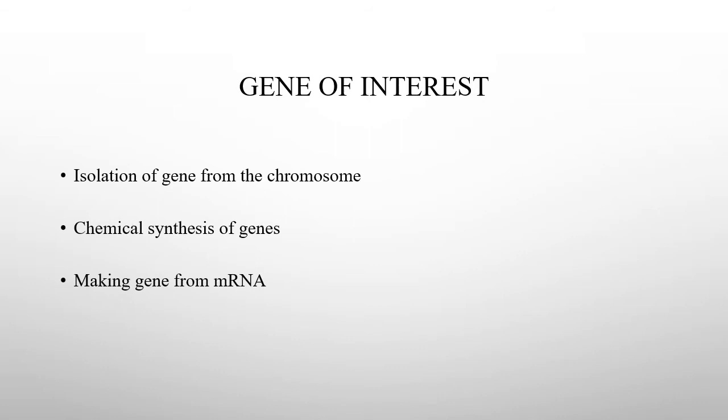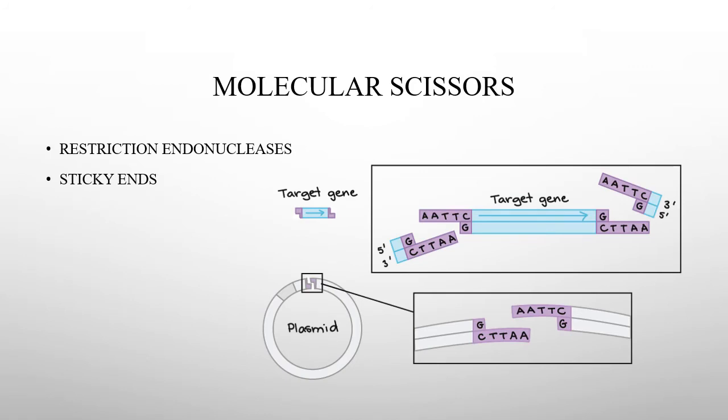The next topic is molecular scissors. I will talk a little about molecular scissors, which are called restriction endonucleases. The restriction enzymes are present in bacteria, and bacteria use these enzymes for their own protection against viruses, because there are certain kinds of viruses which attack bacteria and kill them.